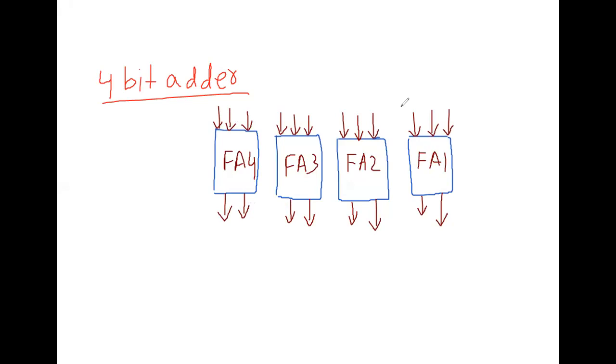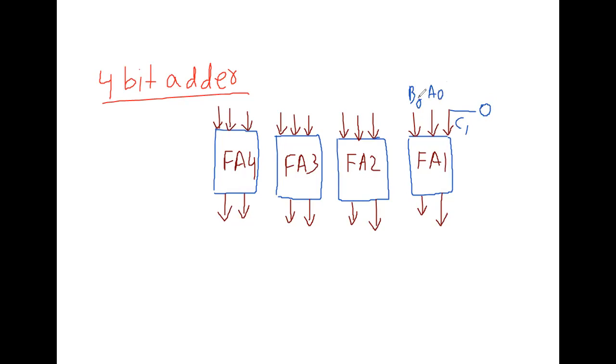Next we'll write down what the inputs are. You already know that for the LSB bit, the carry bit is 0, right? C1 is equal to 0. So this is the carry bit, and we directly connect it as 0. Then this one will be A naught, this one will be B naught.